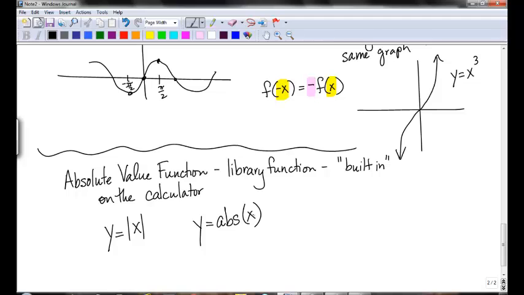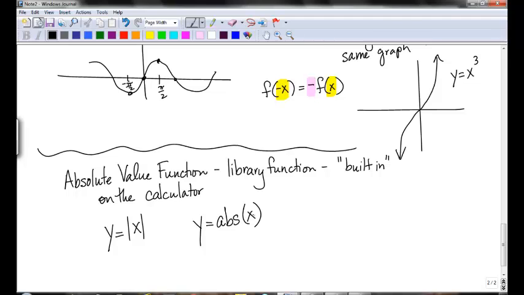On your calculator, go to your y equals, make sure you're in function mode, and get to y sub 1. The absolute value function is under the math key. Go to your math key, then right arrow over to number, and it's number 1, absolute value.